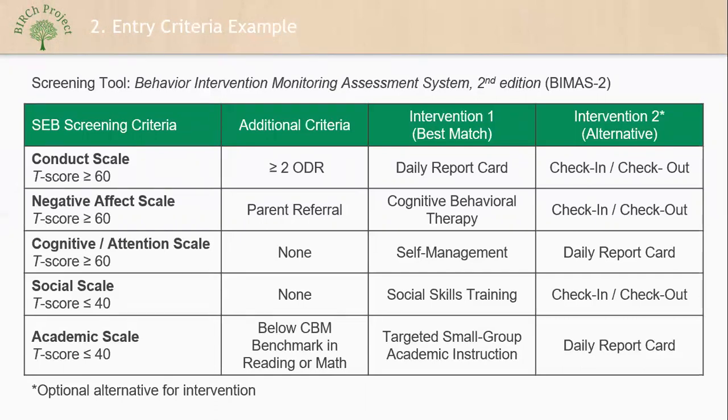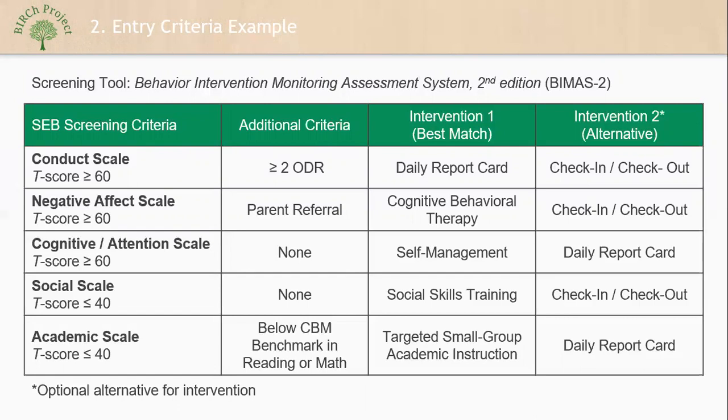So one of these 2 interventions is probably the most appropriate for the student based on what we have available to provide these students. In addition, we may also wish to consider additional criteria, such as more than 2 office discipline referrals by the time the fall screening is conducted.